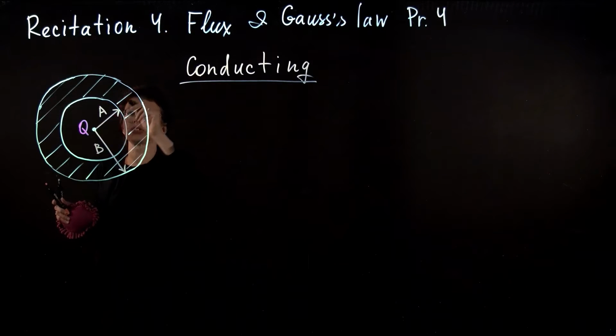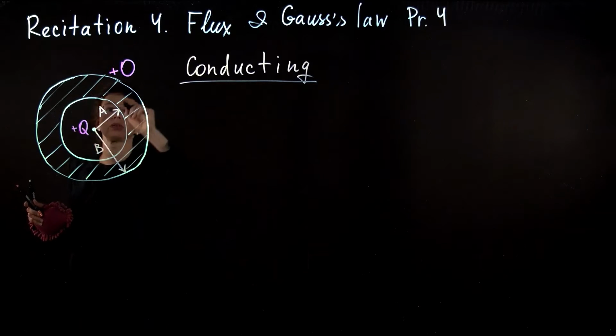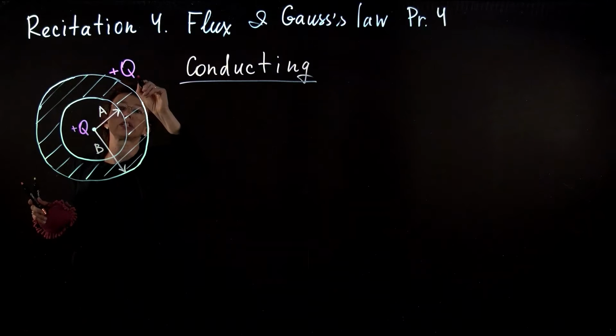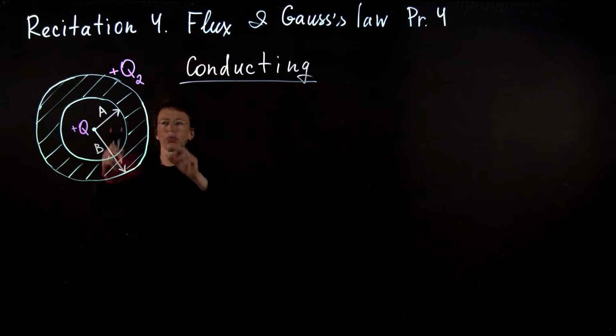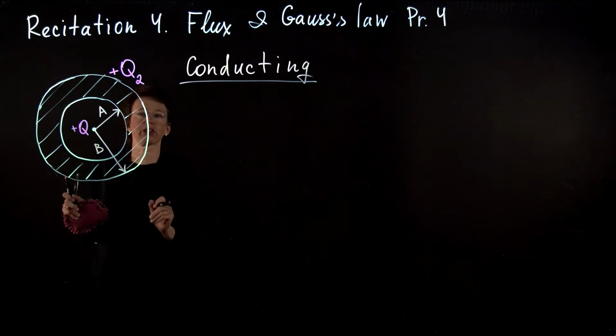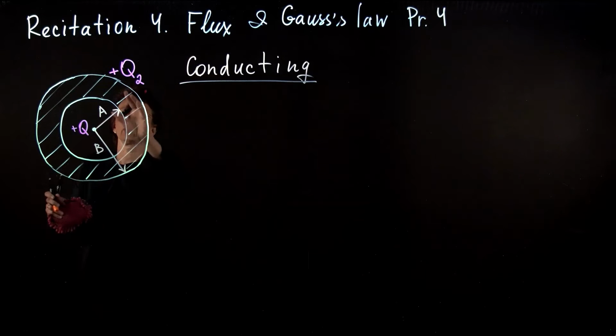In addition to this, we will put positive charge plus Q2 on the outer side of this spherical conducting shell. You remember that if we charge the conductor, the charge is on the surface.